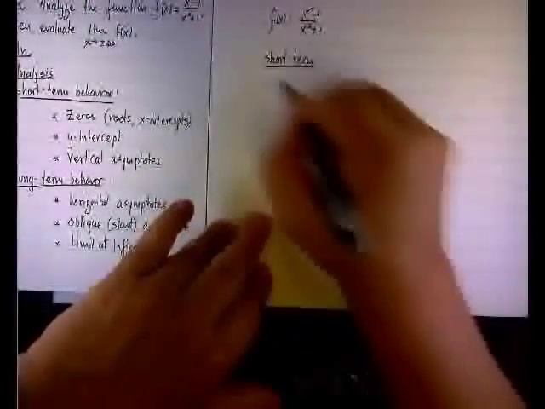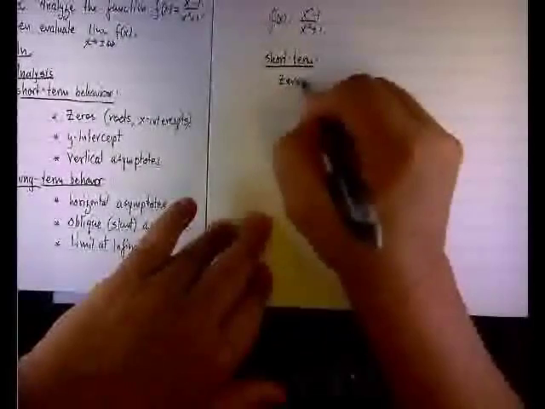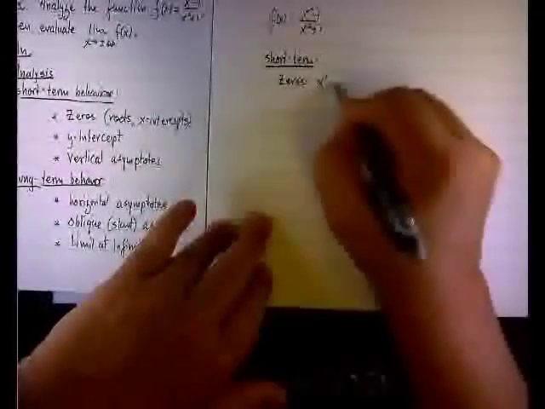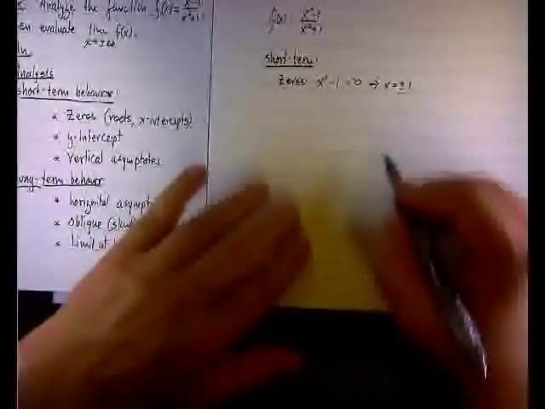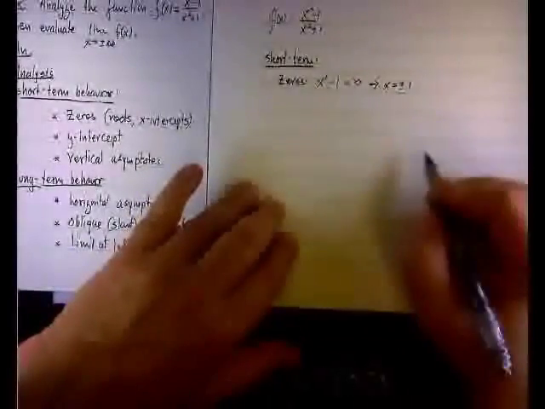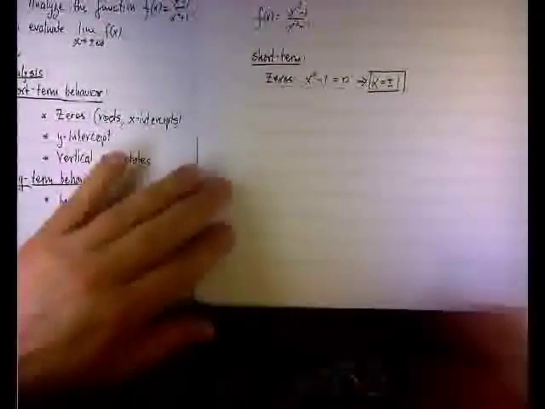And the first thing on the list was the zeros. So we want to find out for what values x squared minus 1 equals 0. It turns out we end up having x equals plus or minus 1. Okay, so we have zeros at x equals negative 1 and x equals positive 1.